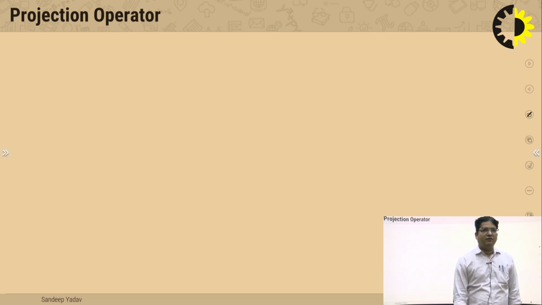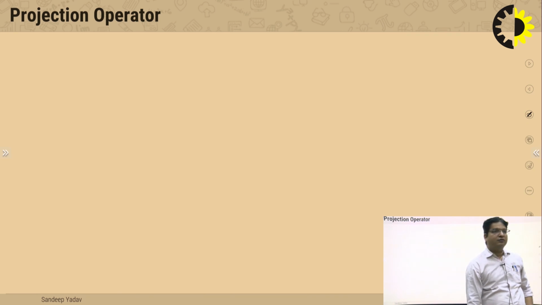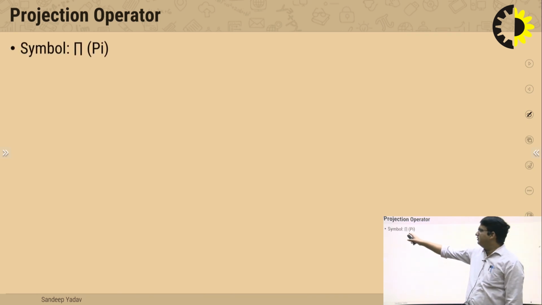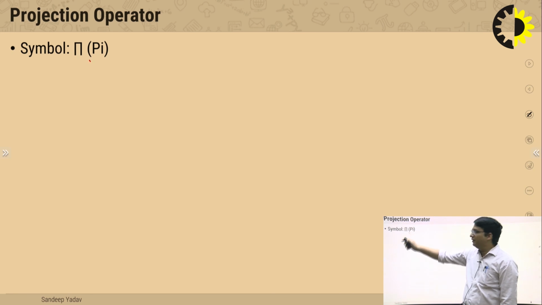Since now we have to fragment our relation vertically, that is, column wise. For performing the partitioning column wise, we have to make use of the projection operator, which is denoted by the symbol pi.